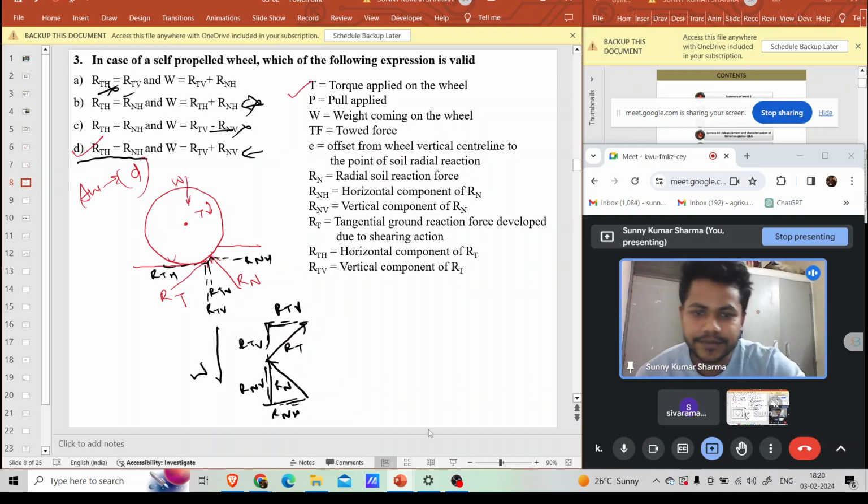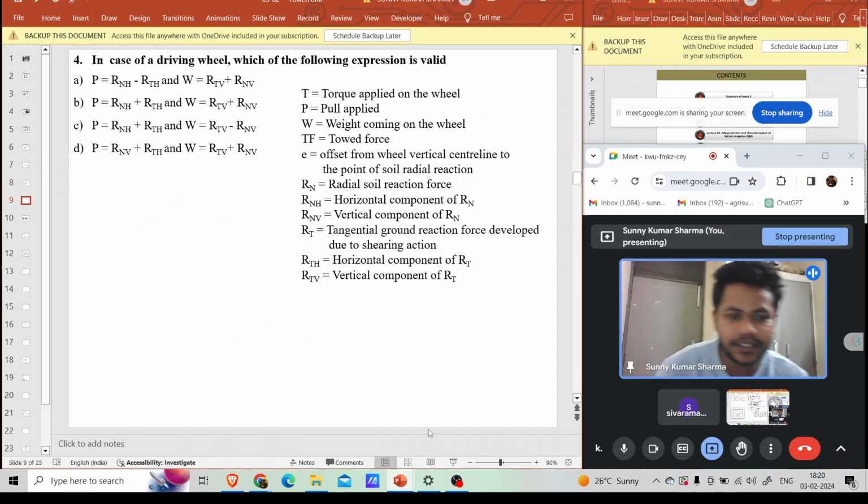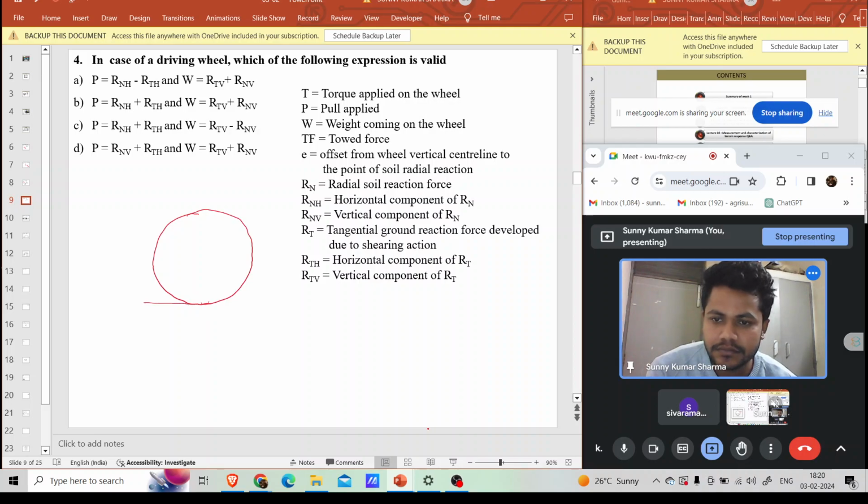Moving to the next question. The next question is in case of a driving wheel. Tell me which of the following is correct. In a driving wheel, we have pull also and torque also. We have torque. This is pull. This is weight coming on it.